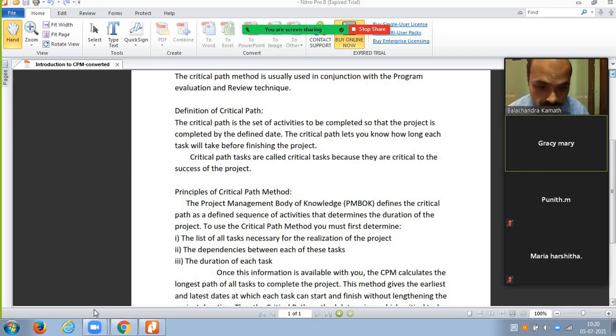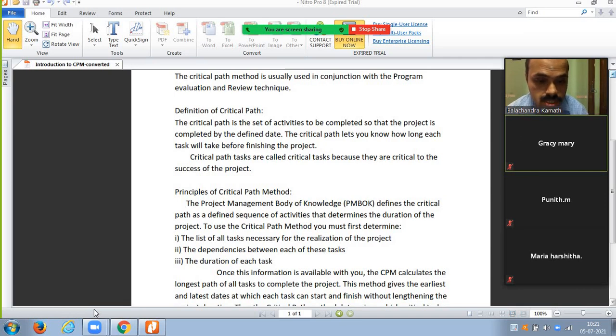Read that statement: the list of all tasks necessary for the realization of the project. What word can you substitute instead of realization? Okay, realization means completion of the project.